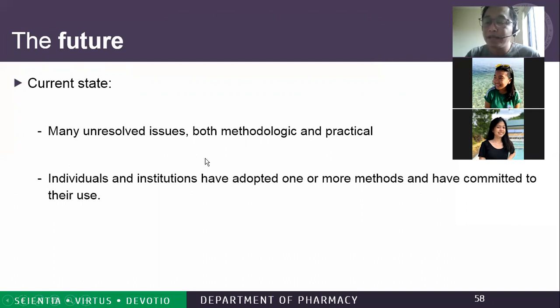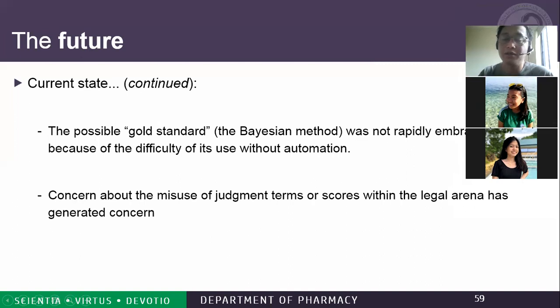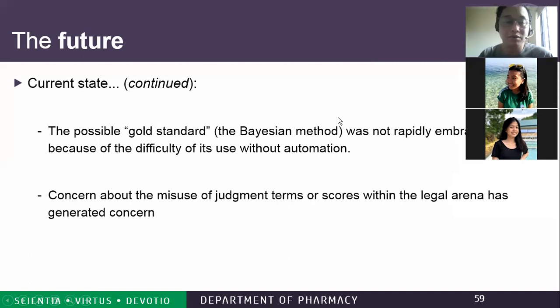So it is very difficult to have international harmonization for a method that can become the gold standard to define the associations. The possible one is the Bayesian method, but it has not been rapidly embraced.